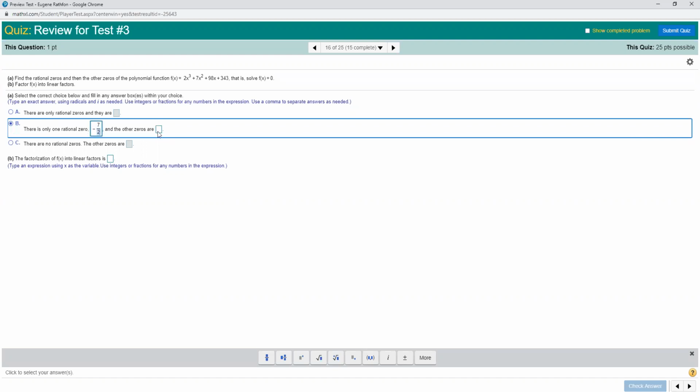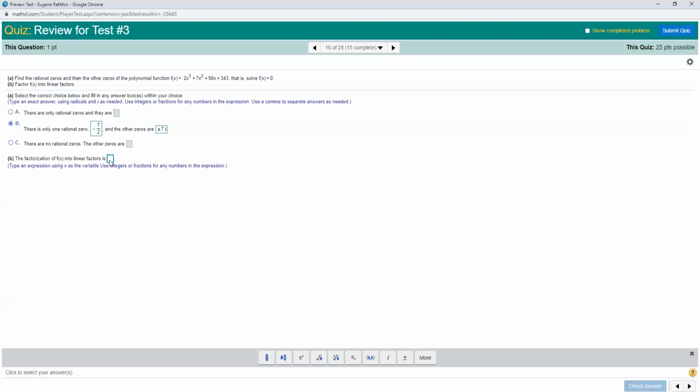And the other zeros would be plus or minus 7i. So you gotta be careful which answer you picked on that. And y'all, I'm not gonna do this, but this is where I would put all the parentheses in there: the 2, the x plus 7/2, x minus 7i, and then x plus 7i. So imagine I've done that, and then we're moving on.